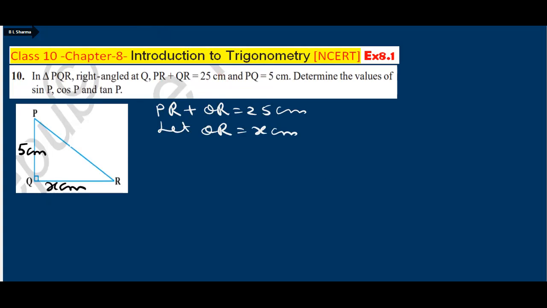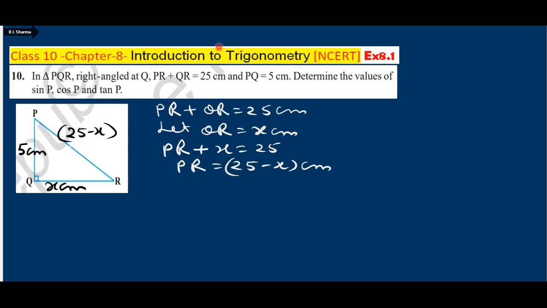So we know that PR plus X will be 25. So PR will be 25 minus X centimeter. First we have to find out all three sides. So this is 25 minus X centimeter.